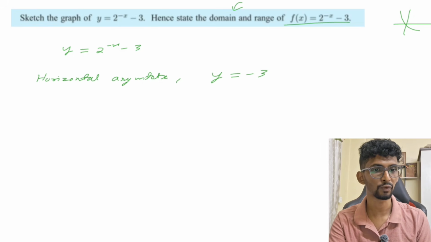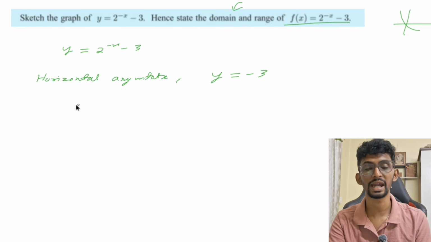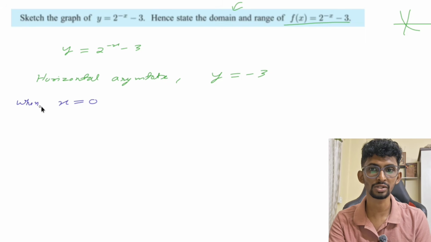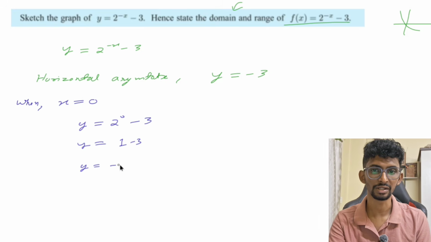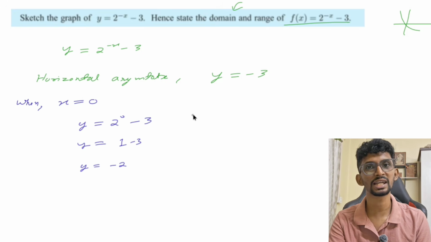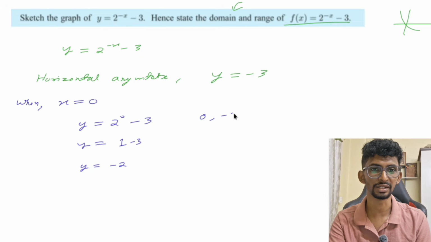Next, we have to find the y-intercept, and for that, let me put x equals 0. When x equals 0, what will we get for y? y equals 2 raised to the power minus 0, that is 0 only, minus 3. That is 1 minus 3. So y will be minus 2. So the intercept will be (0, minus 2).